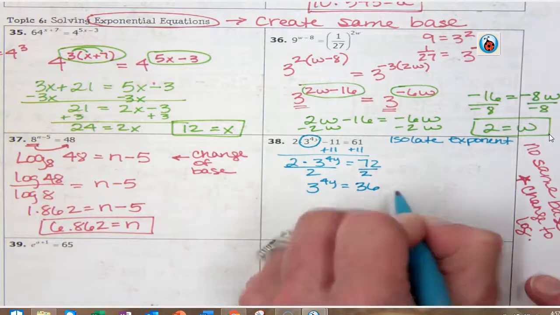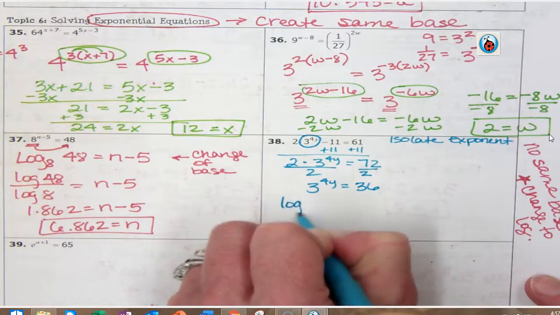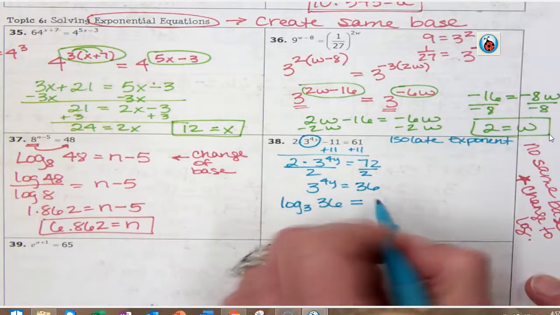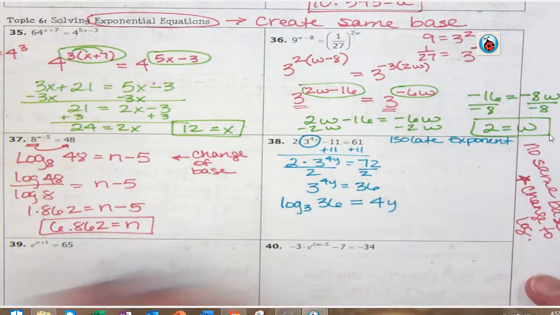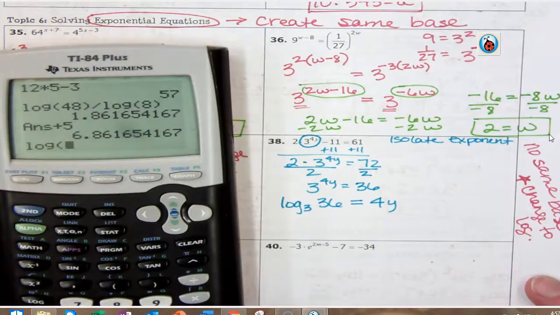So here I can take the logarithm and use my change of base. Log base 3 of 36 is going to equal my 4y. Use my change of base formula. Log 36 divided by log 3.